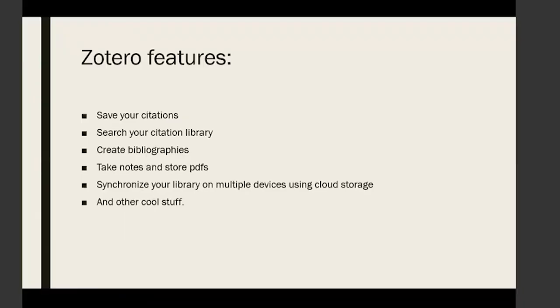It has tools that allow you to create bibliographies, take notes, as I said before, and store PDFs, and synchronize your library across multiple devices, leveraging cloud storage to do that, so that you could be doing work at home, come to school, be doing work at school, and have access to the same library of citations in both places. And other cool things that we're going to look at later.